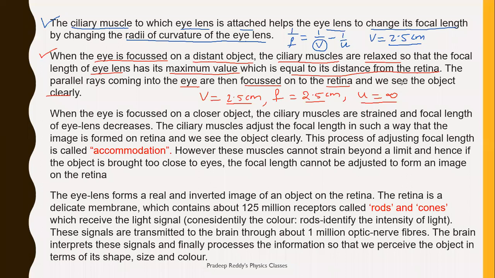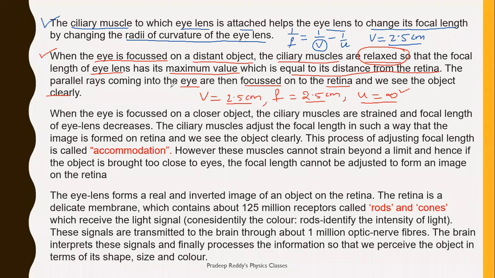Therefore, when you are viewing an object at infinity, meaning larger distance objects, your eye lens will be in a relaxed state, because its focal length is always 2.5 centimeter. So viewing a large distance object, our eye lens will be less strained.